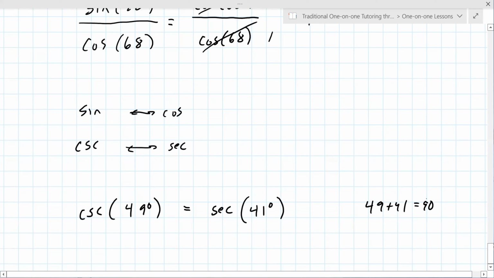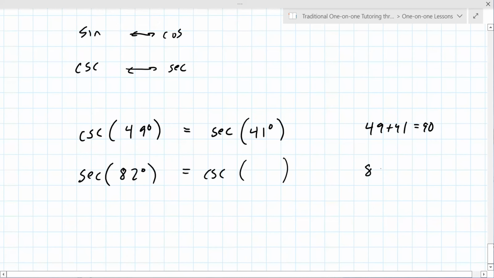And in reverse, if I said the secant of 82 degrees equals the cosecant of what number goes in here so that they add up to 90? 8 degrees.